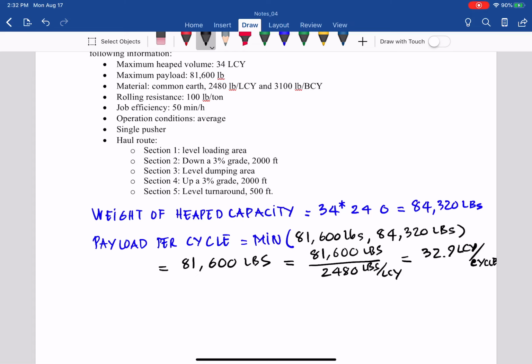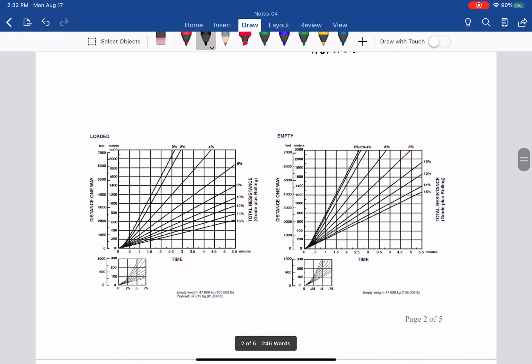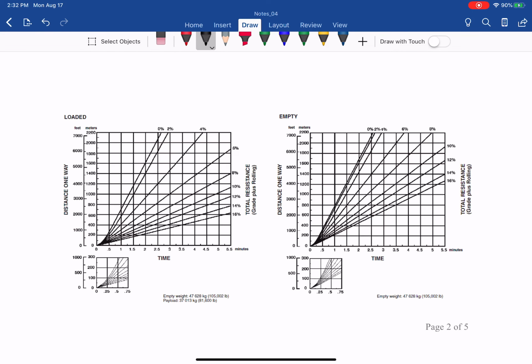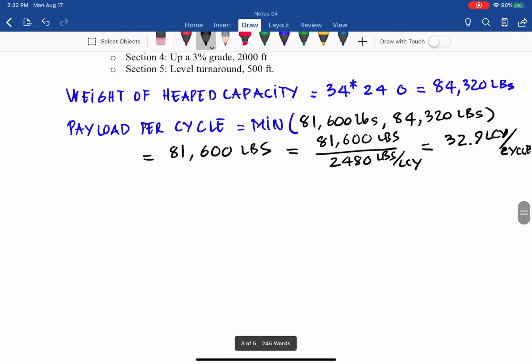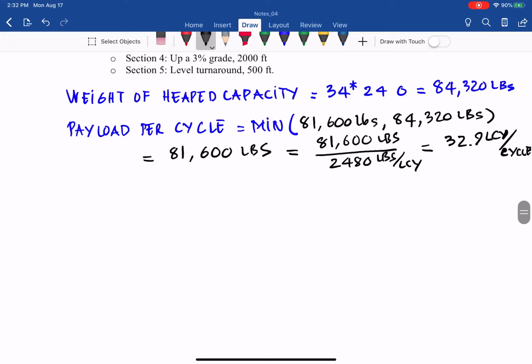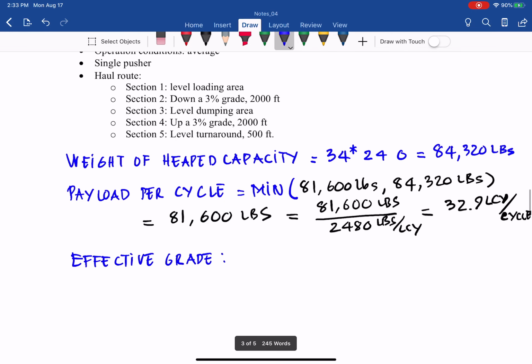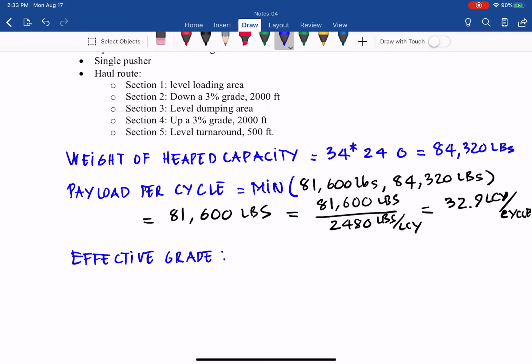And then to find out the travel time, we need to find out the effective rate, and that goes back to lesson 3. There are 4 different scenarios we need to find out. The first one is the haul, which is section 2.